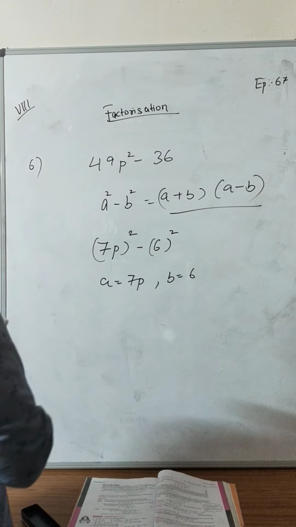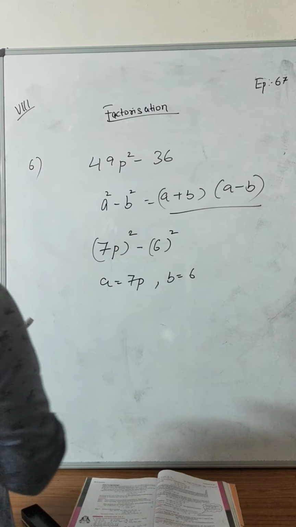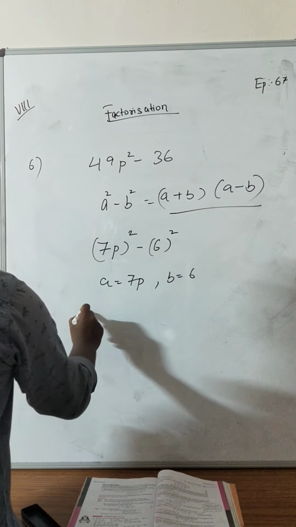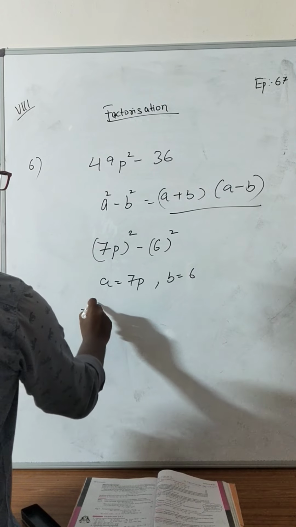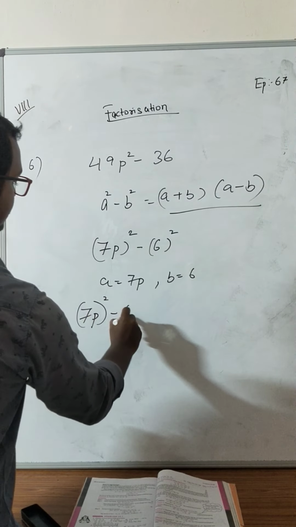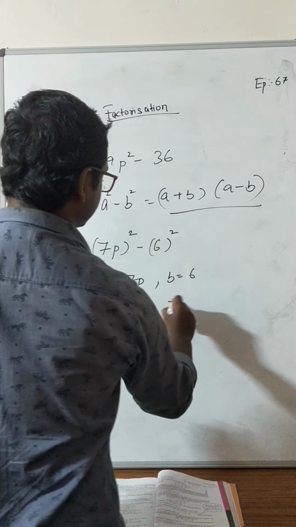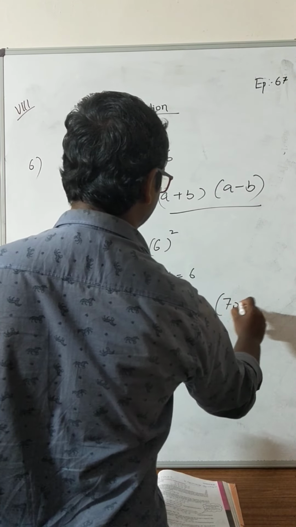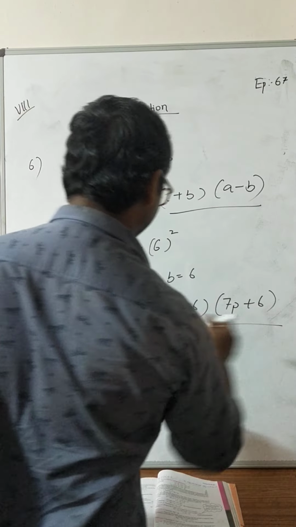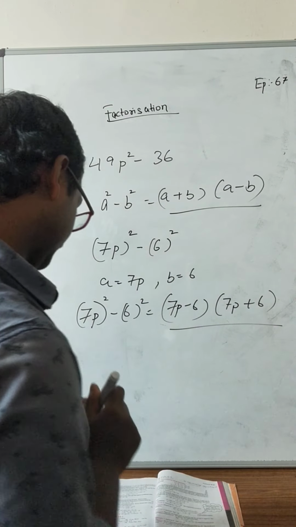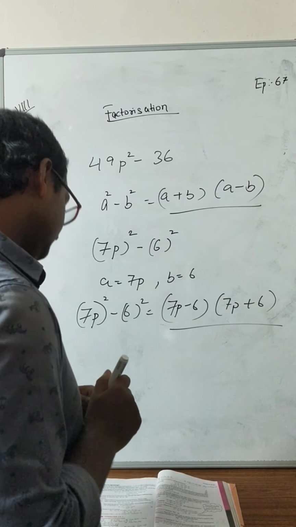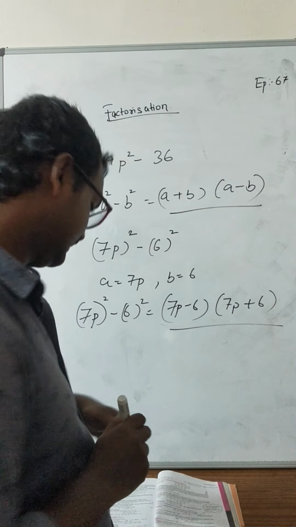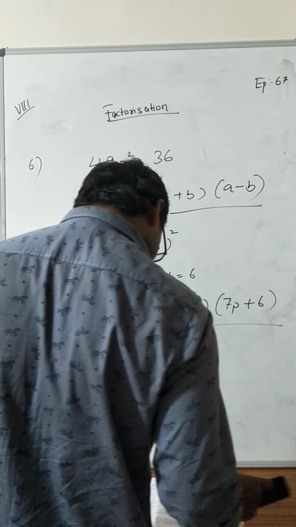Now we will put this in the formula. So (7p) whole square minus 6 square can be written as (7p minus 6) and (7p plus 6). So this is our final answer. Now look at example 7.